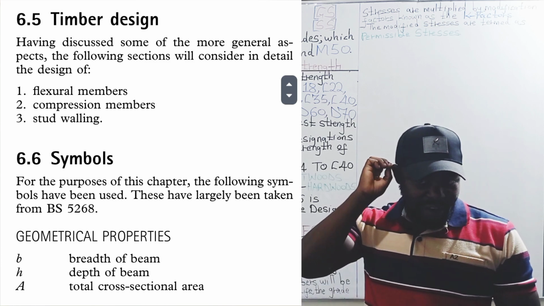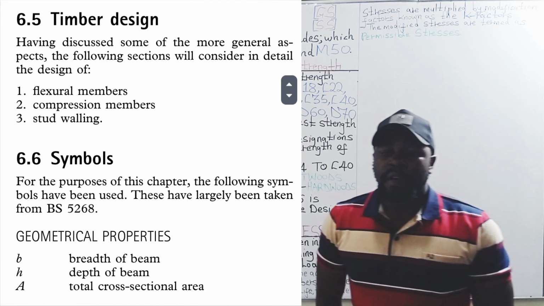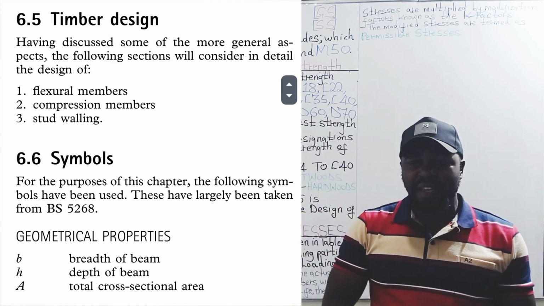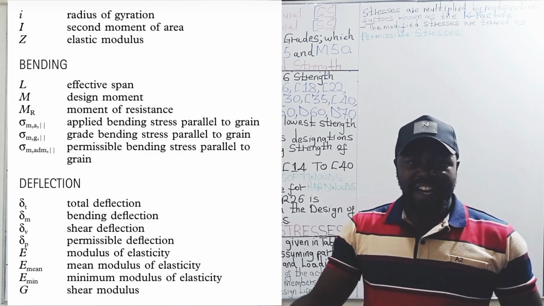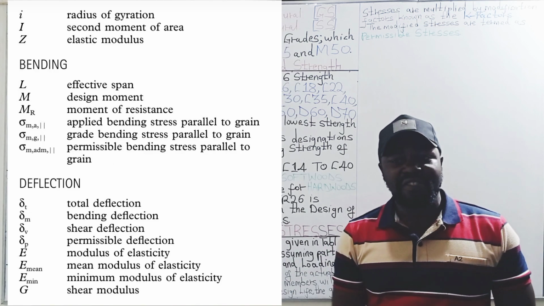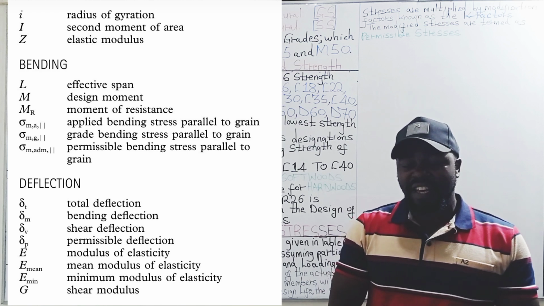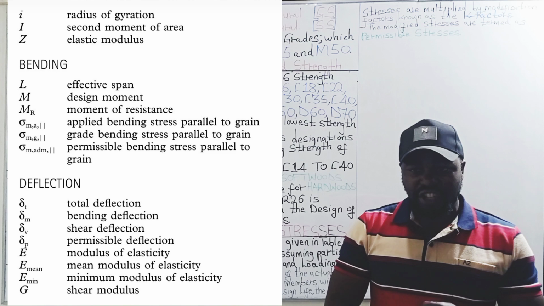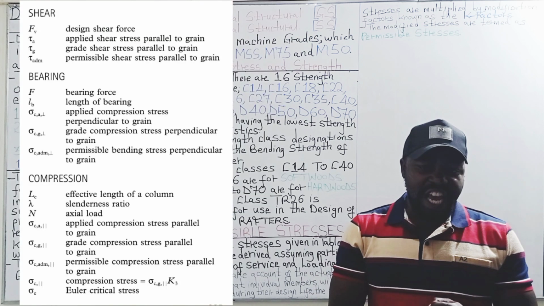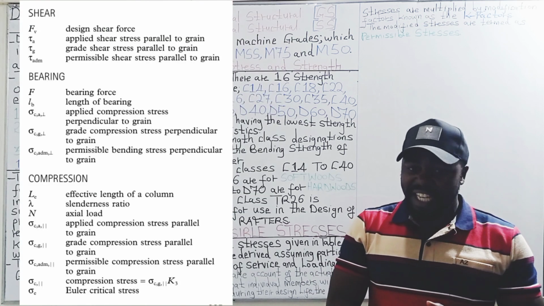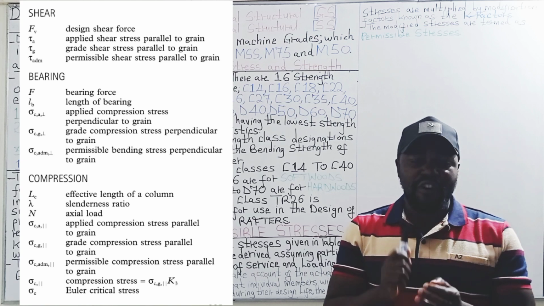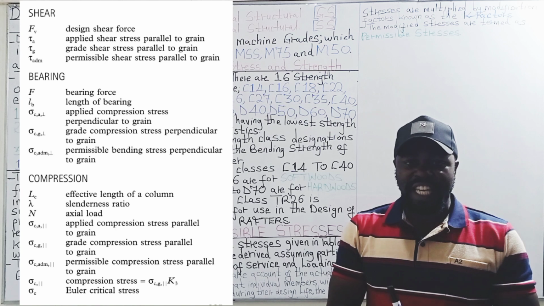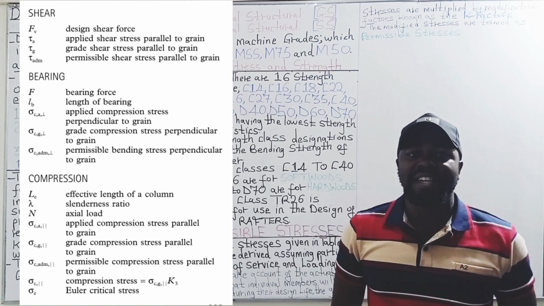We have symbols of geometrical properties, and these symbols include the breadth of the beam, depth of the beam, total cross-section area, radius of gyration, second moment of area, and elastic modulus. Then we have the symbols for bending, deflection, shear, bearing, and compression. So those are the symbols that we shall be using in this topic.